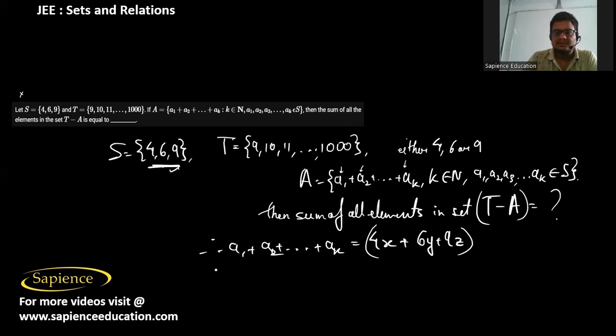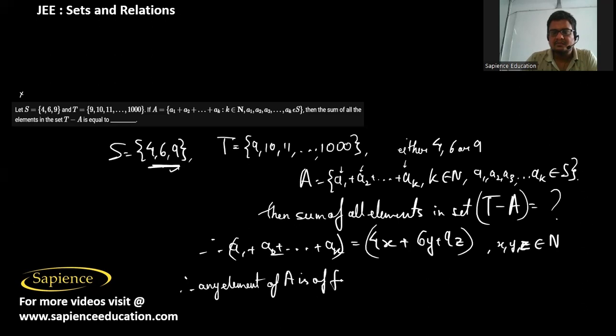So now any element of A is of the form 4x plus 6y plus 9z.